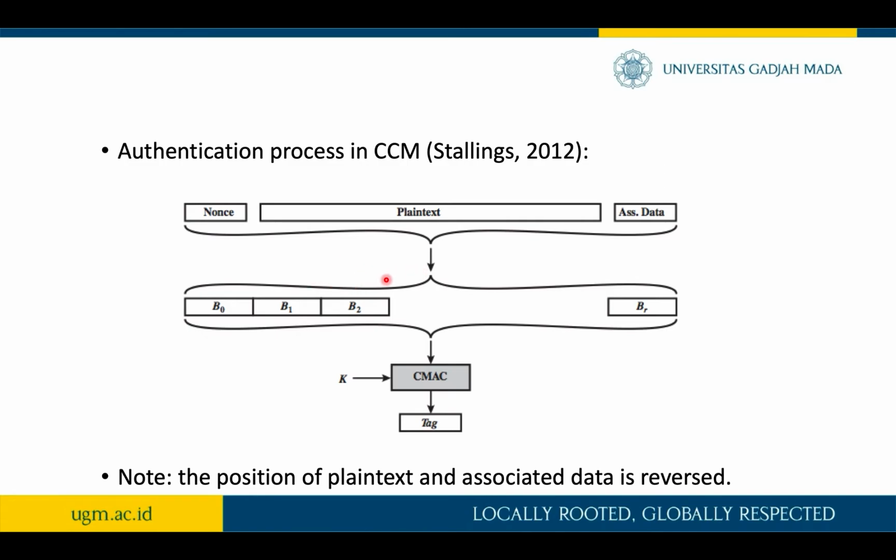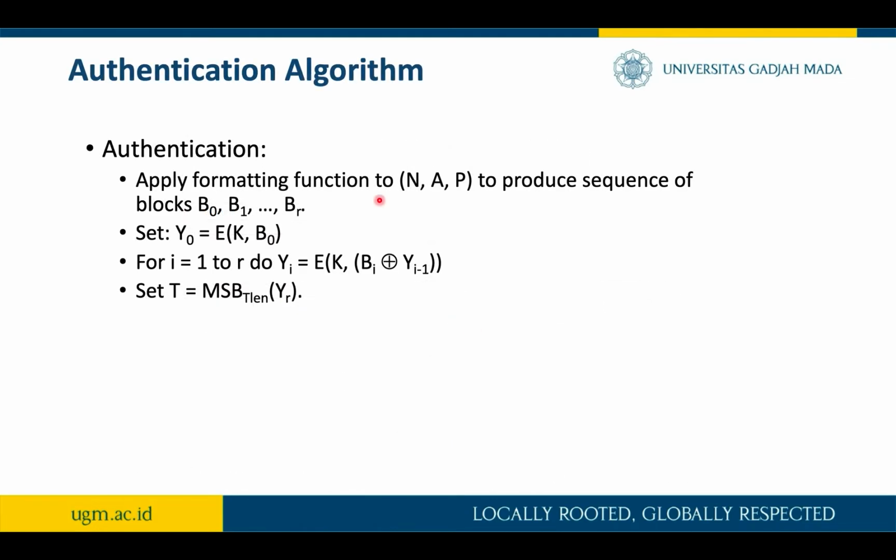They will be divided into R blocks, and we apply CMAC here using the key K. As we already discussed previously, CMAC is applied to get the message authentication code as a tag here. So that's the authentication process. This is the authentication algorithm. Basically, we use CMAC here.